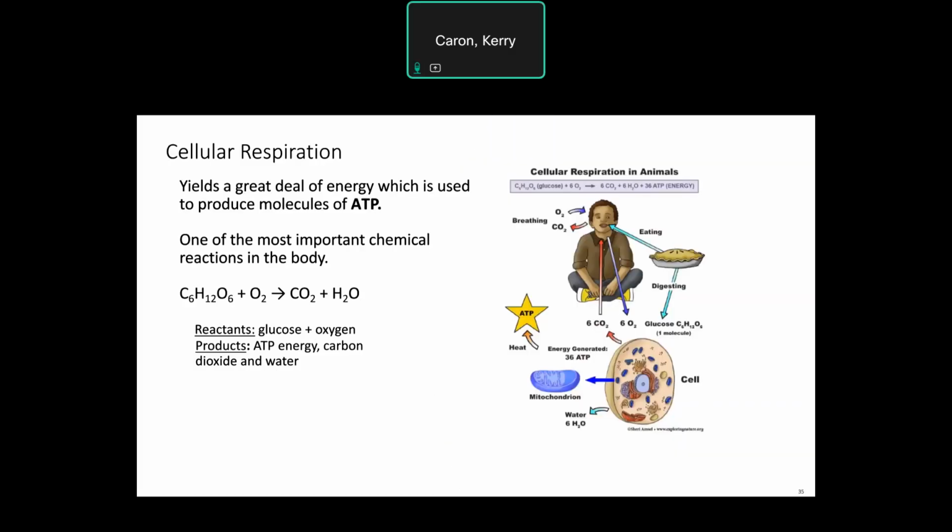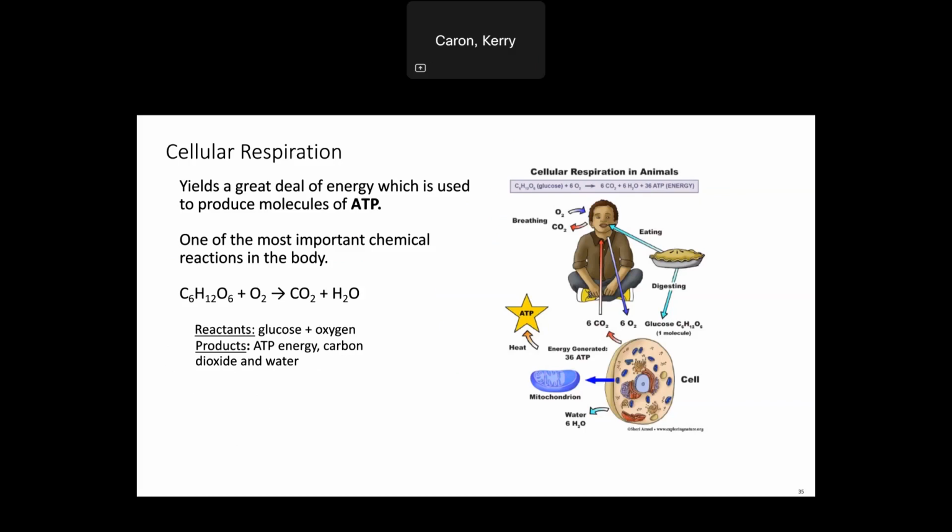Cellular respiration, I'm going to go over this kind of briefly and hopefully superficially because this is a little complicated. The body uses energy in the form of ATP, which is adenosine triphosphate. If you know ATP, that's fine. One of the most important chemical reactions in our body, or cellular respiration to make energy, is C6H12O6, which is glucose.